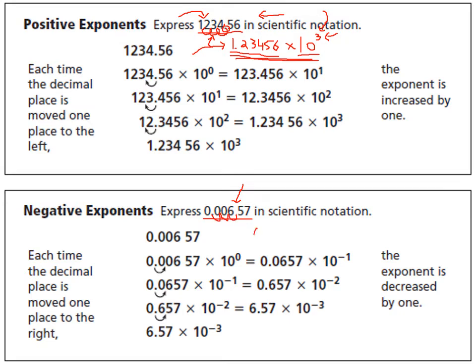When we do that, we get the coefficient 6.57, because our decimal is in between the 6 and the 5 now, times 10 to the power of 3. Now because we moved to the right, you make that a negative exponent. And so if you put this into the calculator, you'll see you'll get this number over here.